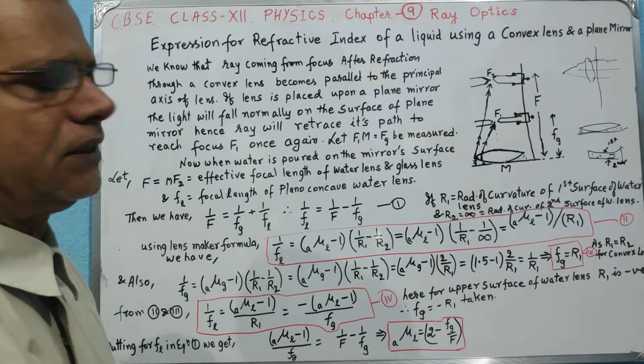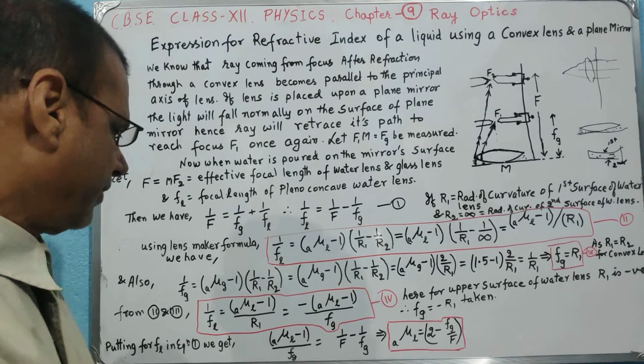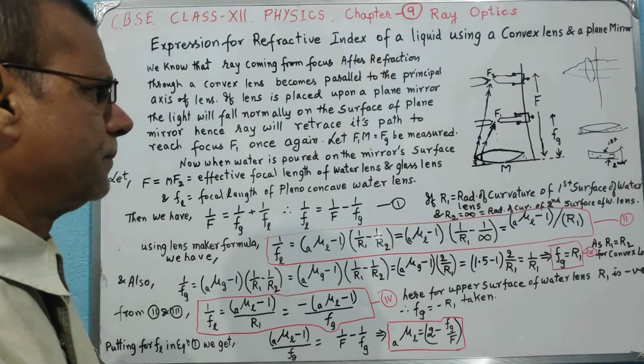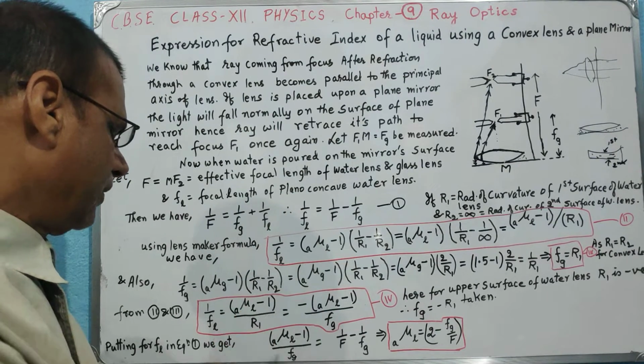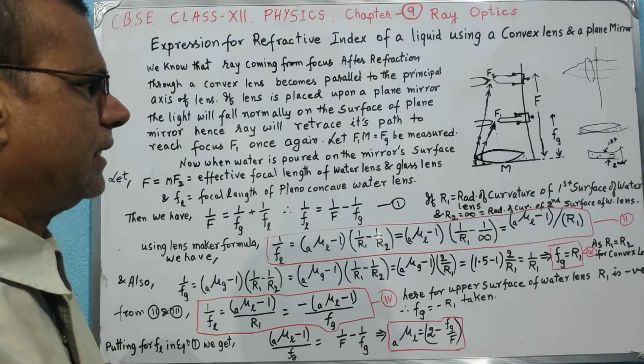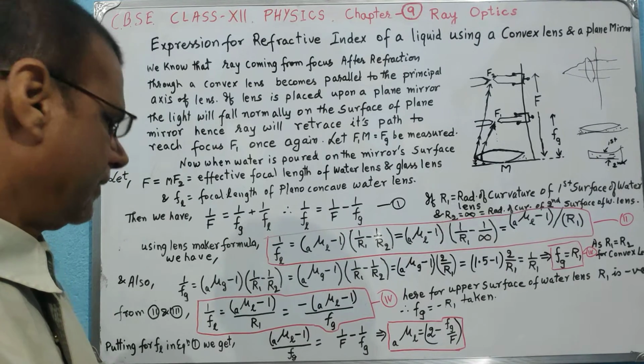Here R1 is the radius of curvature of the first surface of the glass convex lens, and R2 is the radius of curvature of the second surface of the glass lens.